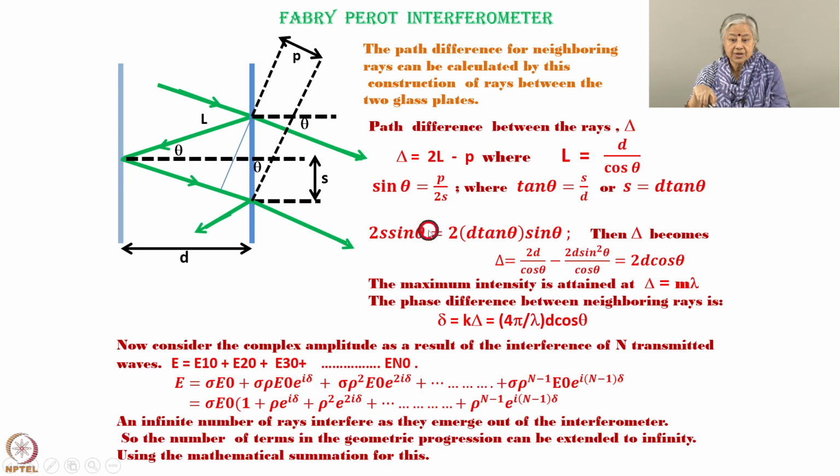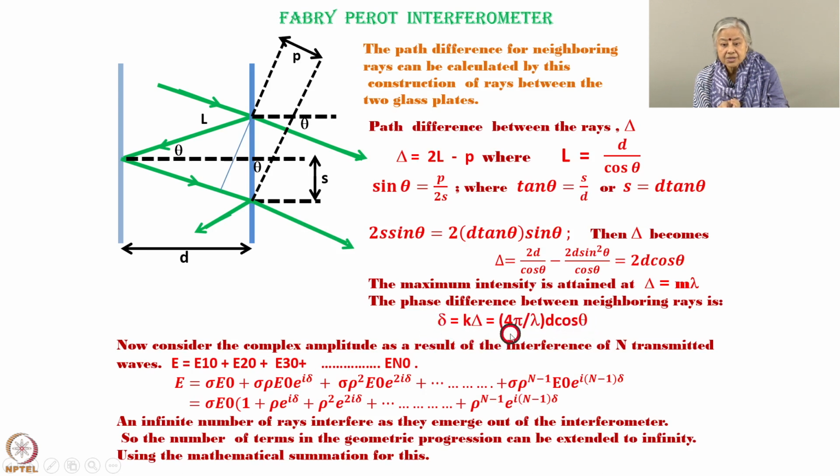So, I had stopped at the phase difference. The phase difference, which is the most important part of any interference pattern, is equal to k delta, where capital delta is the path difference, 4 pi over lambda times d cos theta.